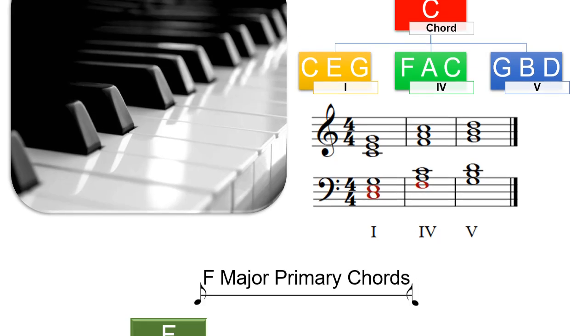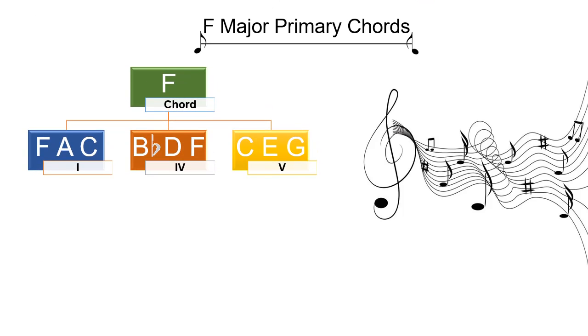Now let's go to the next one, which is the F major primary chords. The F major primary chords, of course, is going to start on F. Equally, we have three primary chords again. The one that is built on F, the second one is built on B flat, then the third one is built on C. We say F because F is the primary note, so it starts from F, and so we build our third and then our fifth, which is the triad.